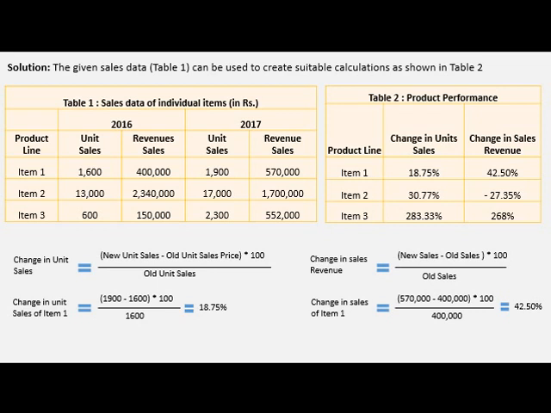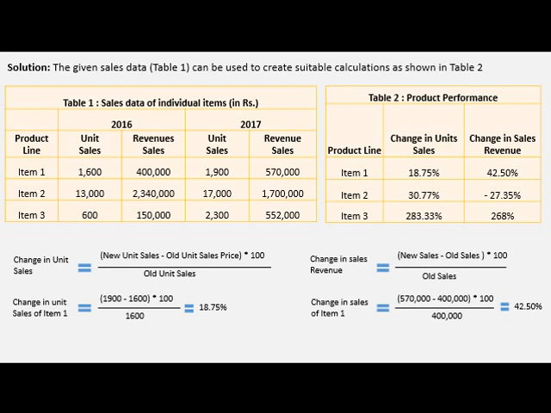Thus, the change in unit sales for item 1 would be 1,900 minus 1,600 multiplied by 100 and divided by 1,600. This results in 18.75%. Similarly, we get 30.77% for item 2 and 283.33% for item 3 as the change in unit sales.